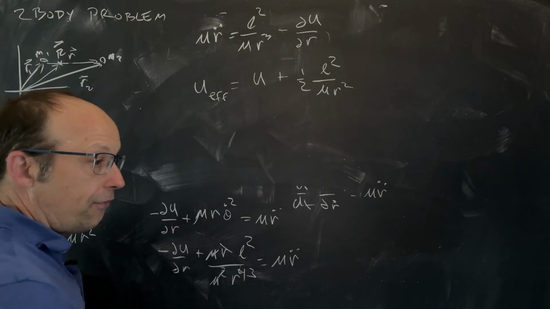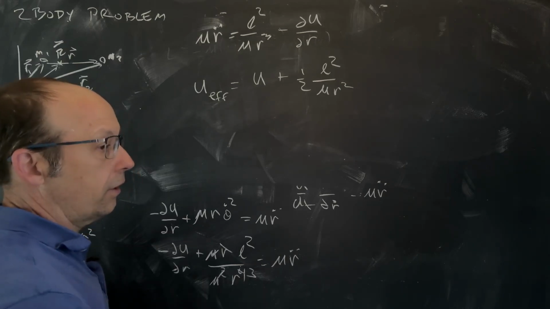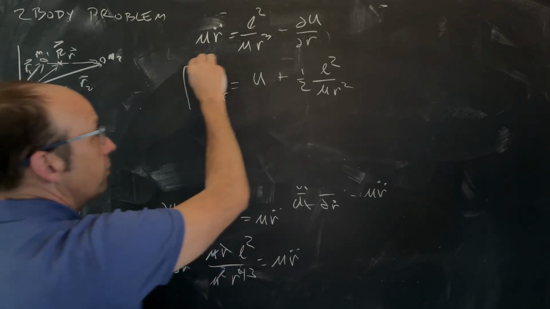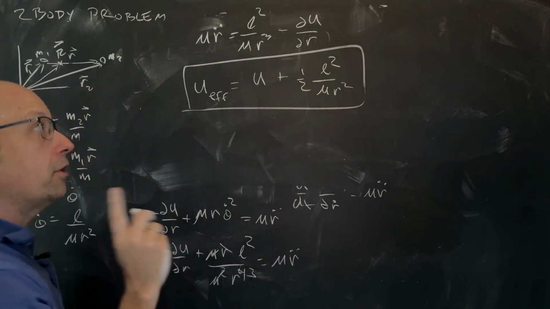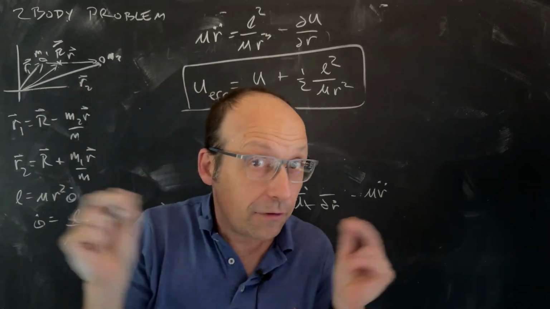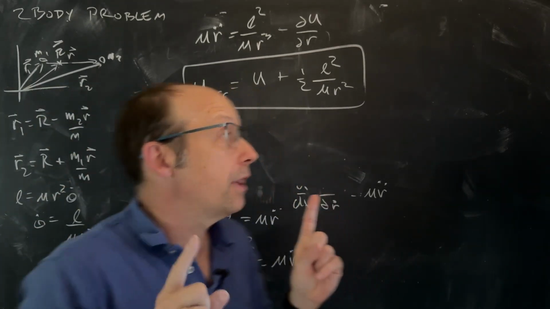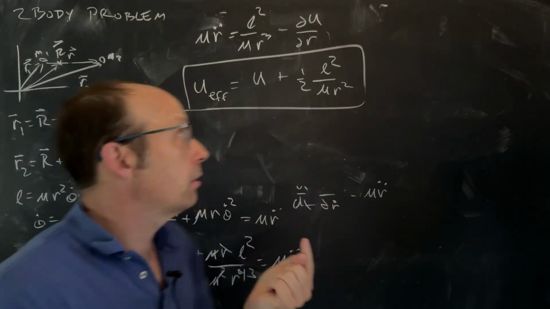And that's my effective potential. Did I give him a negative sign wrong there? No, that's right. Okay, so it's as though I have a one-dimensional particle and this is my potential. Whatever that real potential is, notice that it doesn't have to be gravity. Notice that the only important thing about that potential is that it only depends on r. That's kind of a big deal, okay?